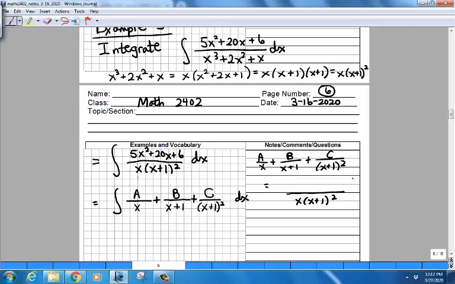That's going to be the common denominator, not x times x plus 1 times x plus 1 squared, just x times x plus 1 squared. So add these three fractions together. Here's the right denominator, this is the common denominator. So I need to rewrite all of these fractions so that they have x times x plus 1 squared as the denominator.